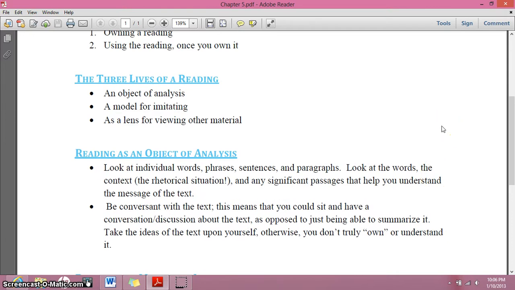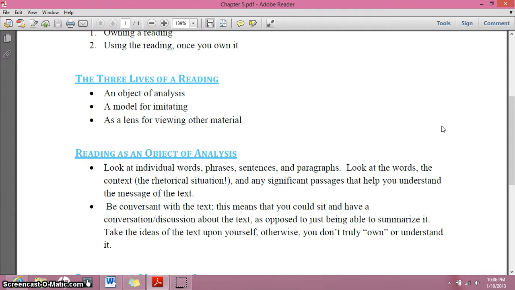So we've probably beaten analysis to death by now. Hopefully you're really grasping what it is. And I mean, it's obviously all about looking at words, phrases, sentences, all of that, looking at the rhetoric that an author uses in order to deliver their message. Why are they using those words? Why did they coin that specific phrase?